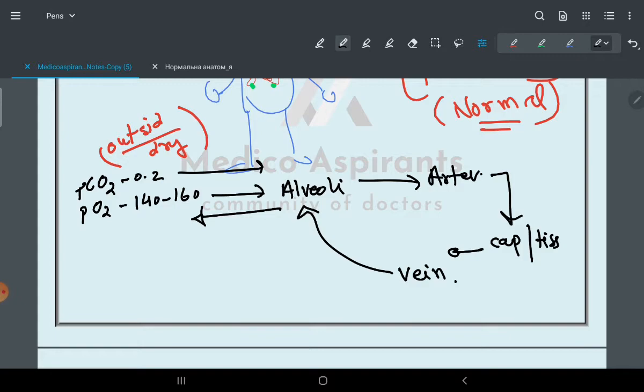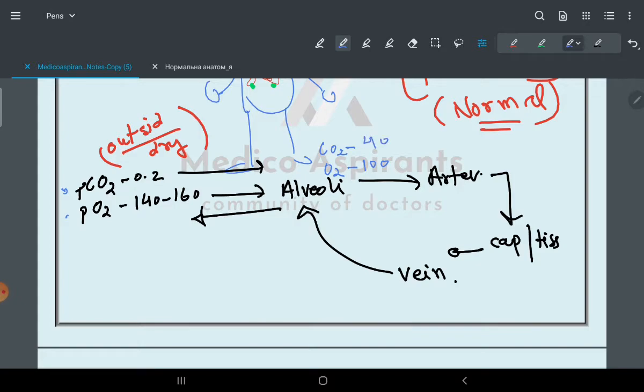Okay, so for partial pressure of gases in alveoli, just remember oxygen will keep going down, and carbon dioxide will keep going up. Okay, so it is 0.2. Further inside, CO2 and O2, O2 is going to be down, so it will be 100 and CO2 is 40.